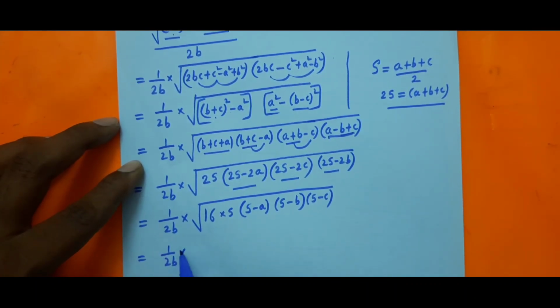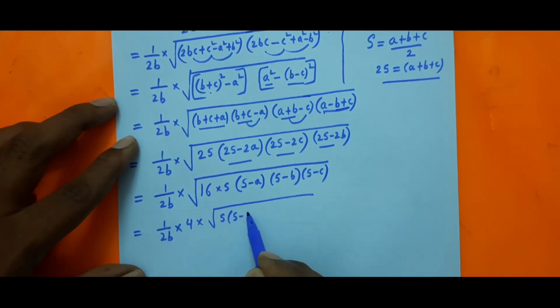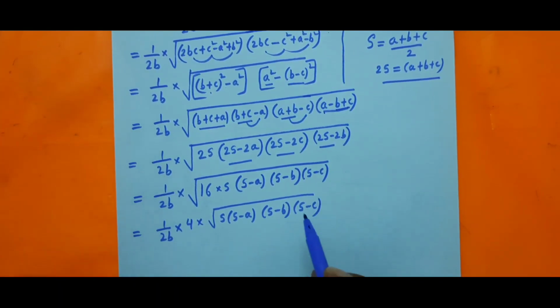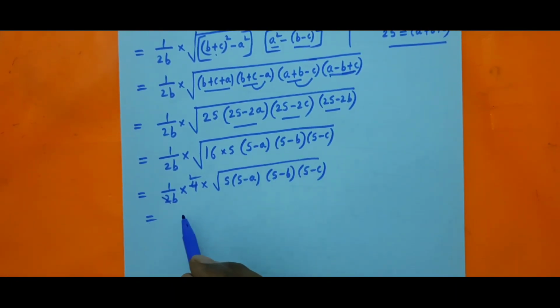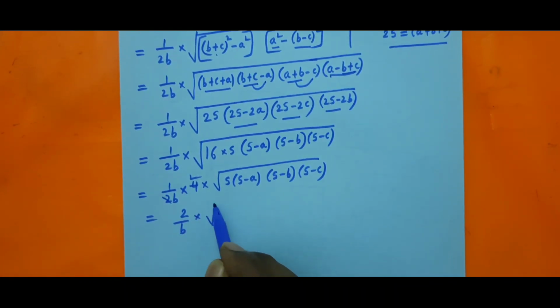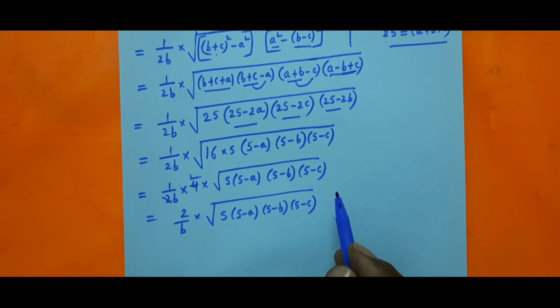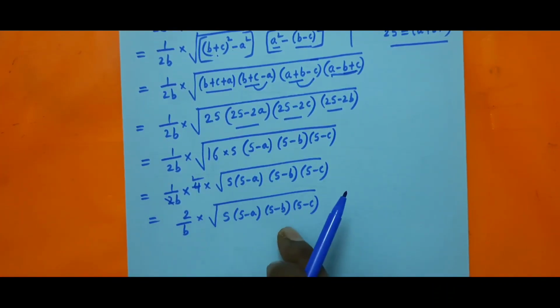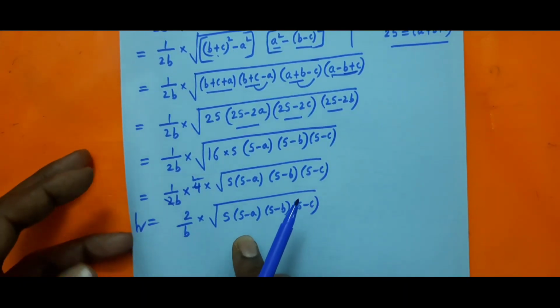Then 1 by 2b into, for 16 square root you will get 4, and the remaining will be under root, that is s into (s minus a) into (s minus b) into (s minus c). This again you can cancel the 2s, then finally you will get 2 by b into root of s into (s minus a) into (s minus b) into (s minus c). For your kind information, this simplified value we got is equal to height.